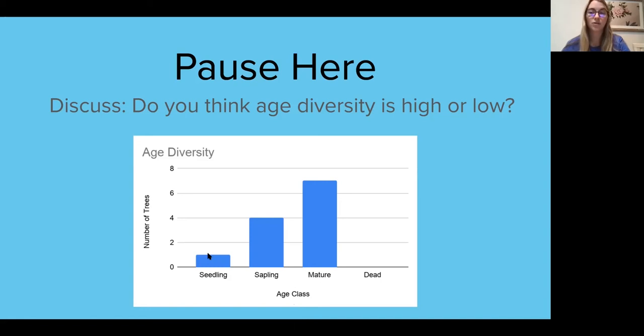It's a little bit on the lower end of that high diversity, but since we were able to see 3 out of the 4, I would still say that it's high. Again, if we were only to see 2 of our age classes, that's when it kind of gets a little bit trickier. And if we were only to have seen 1 age class, then we would say that our age diversity is low. So the answer to this question is our age diversity is high.